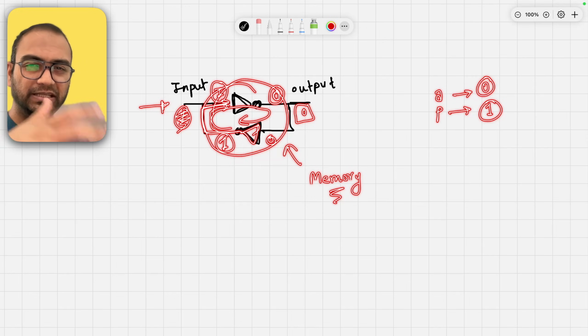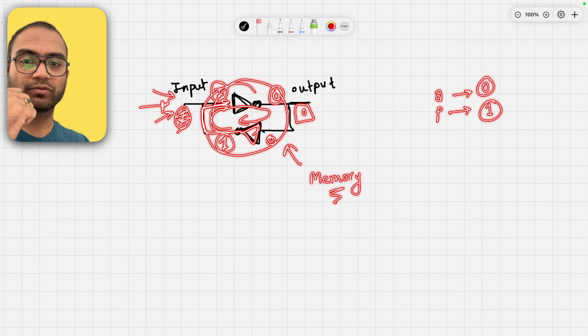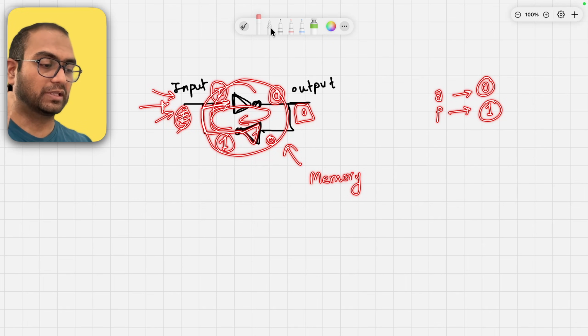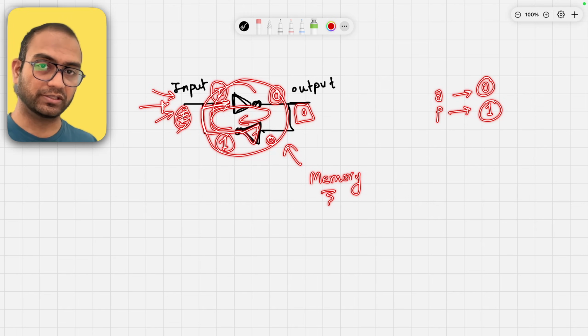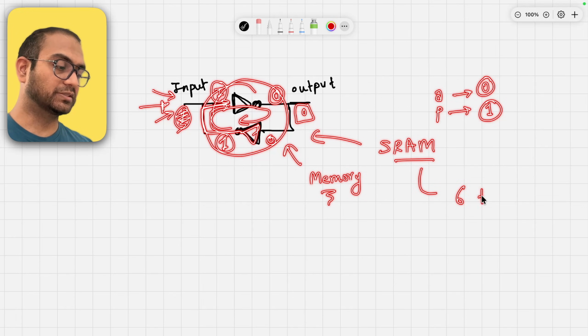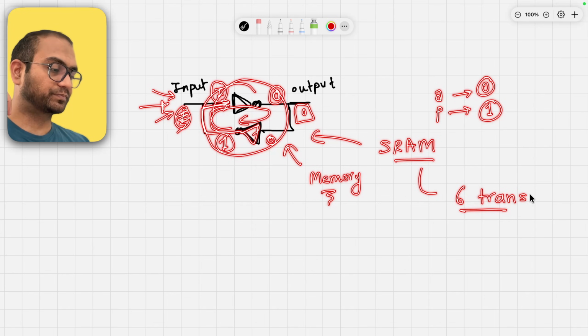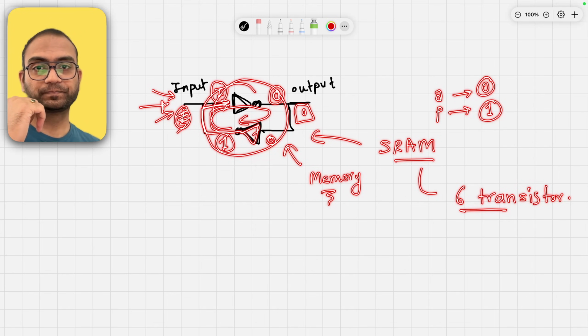So this idea of no external input being present, but the circuit remembering a value, relates to memory. That's essentially the concept of memory. And my claim now is that SRAM is usually implemented using 6 transistors, at least that's what I had read, and they are essentially this feedback loop.